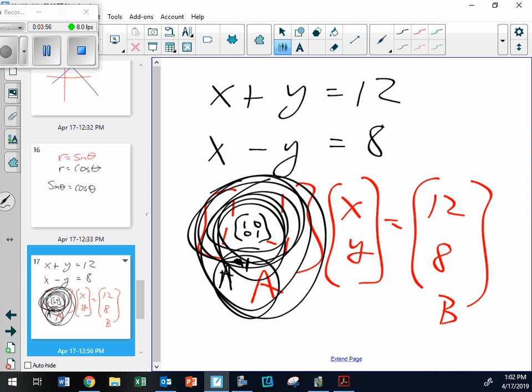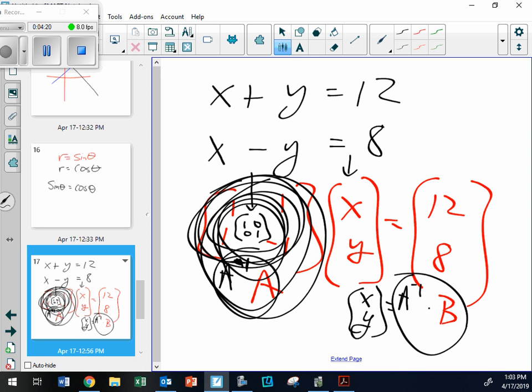Because even though there's technically this 1 matrix out in front, x, y will be alone, and you can get the answer by doing the other side. If I do the inverse of A times B, that's how I get my final answer. I did the inverse A on the left side, and it did all that complicated stuff, but in the end, it just comes down to xy will be inverse of A times B.